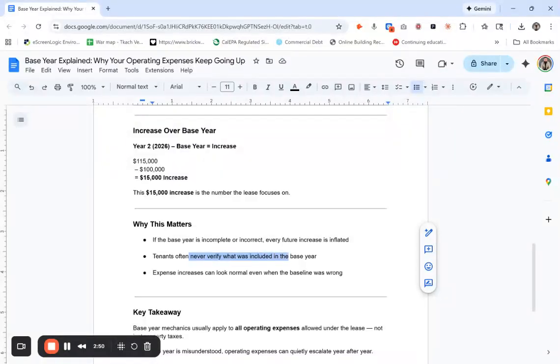Now, sometimes you're going to be in a position where the broker, the landlord, the property manager, they're going to say, well, we don't know what the expenses are because we haven't received expenses for that year just yet. At that point, what you're going to do is look at the historical expenses, because even if they didn't receive expenses for that year, they have received expenses for all the previous years.